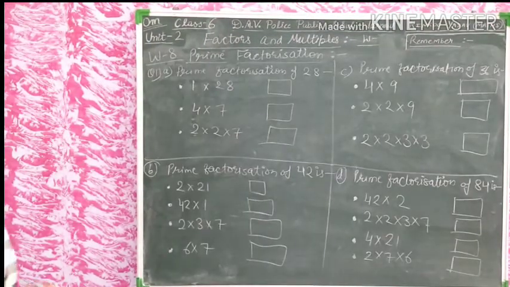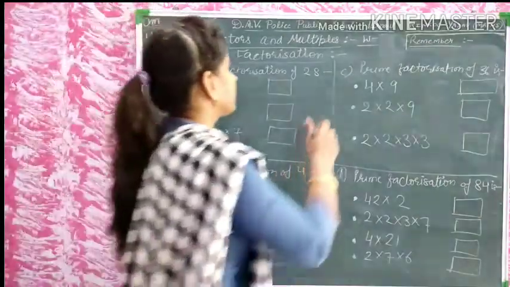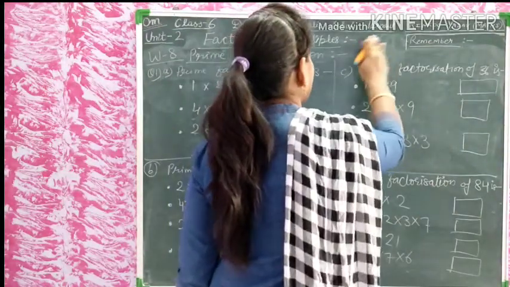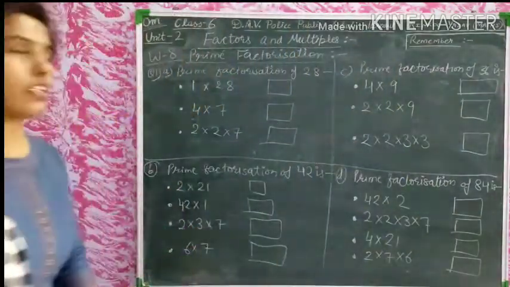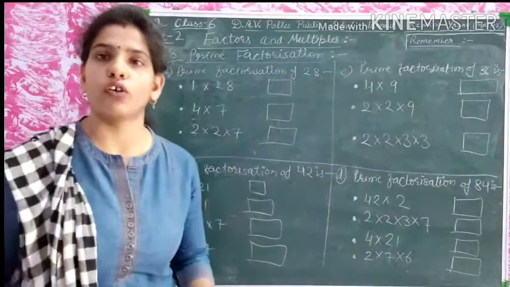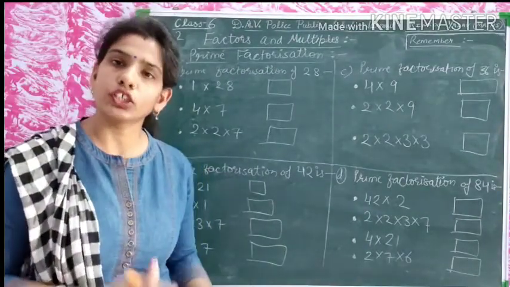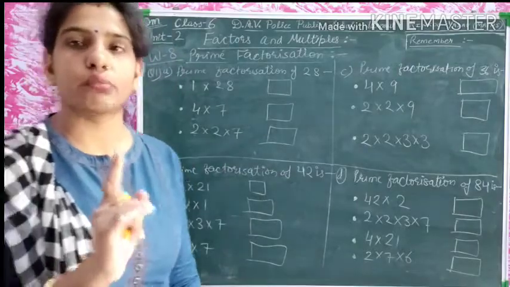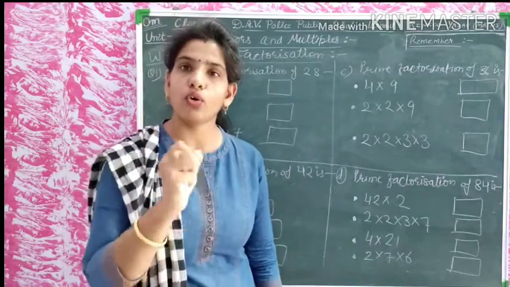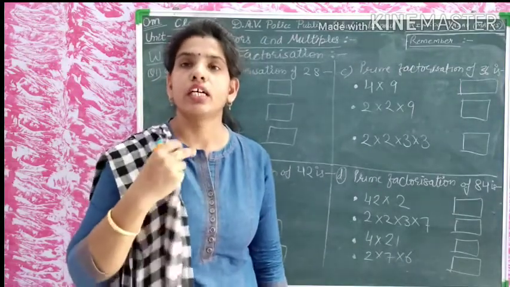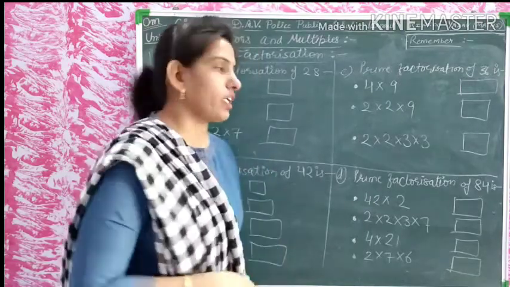Now students, there is worksheet 8 here. In worksheet 8, there is the prime factorization of any number. Prime factorization means it has only the prime factors. Suppose you have the number 4.